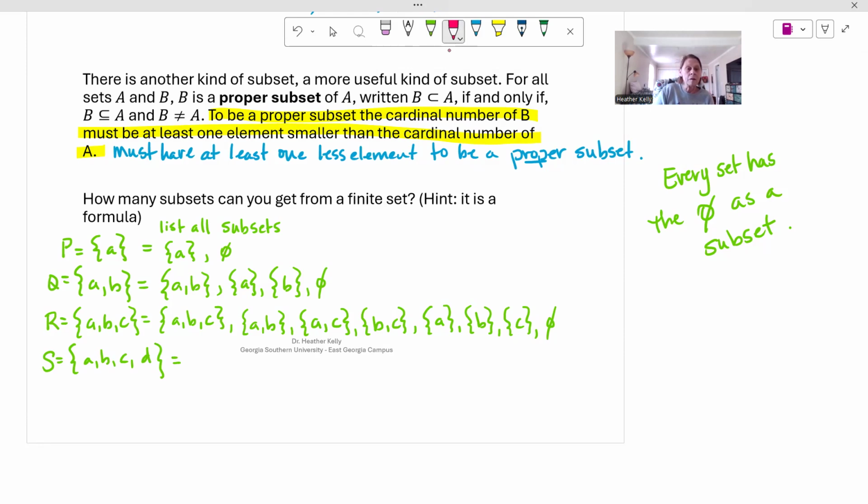Let's see if we can see a pattern here. We have one element, two sets. We have two elements, four sets. Three elements, one, two, three, four, five, six, seven, eight sets. Oh, I see a pattern.